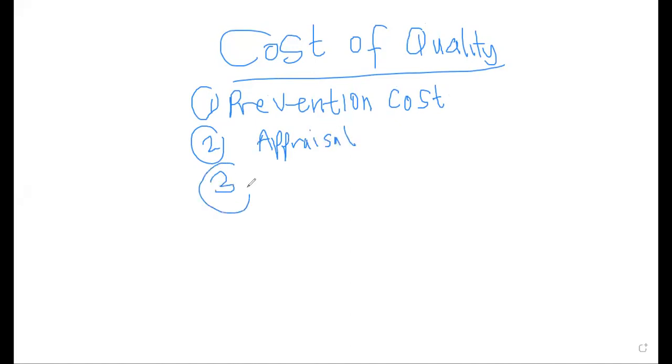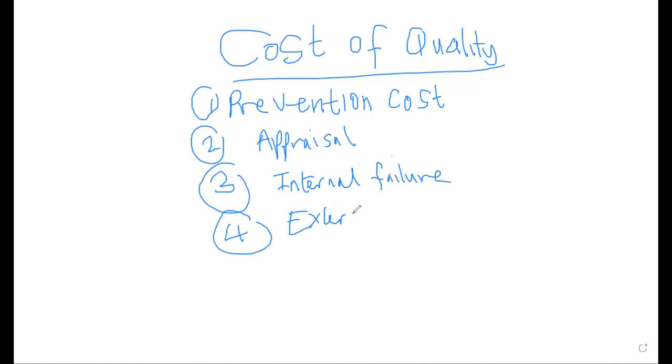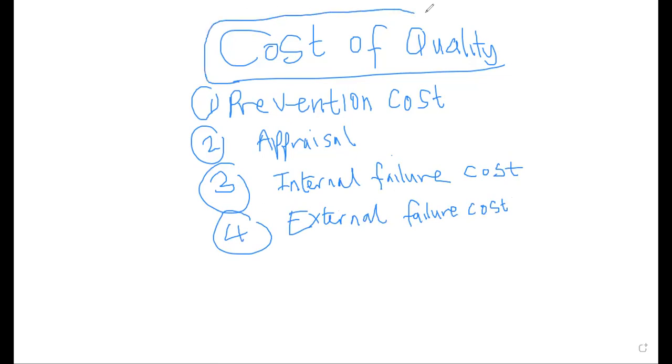Then number 3, we have internal failure. Then you have external failure cost. So these are the 4 costs of quality. So it's just a matter of understanding them in detail.